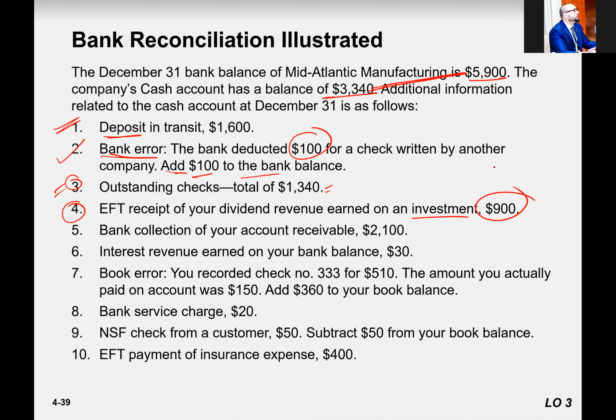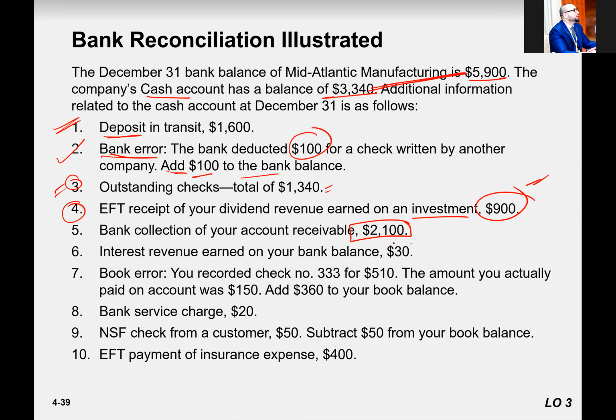So your bank balance has it, but your book balance doesn't. Your company's cash account doesn't have this one, so you need to add it back. Bank collected your accounts receivable, 2,100. So the bank has this information, you don't have this.